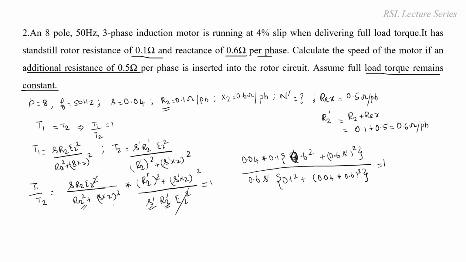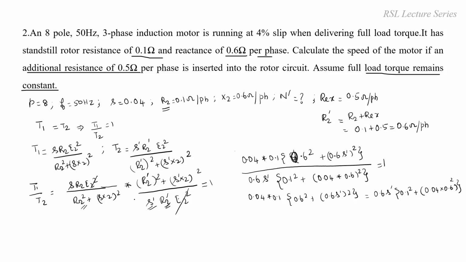Now we can cross multiply this equation. On cross multiplication we get 0.04 into 0.1 multiplied by (0.6 square plus S dash whole square), which will be equal to 0.6 S dash multiplied by (0.1 square plus 0.04 into 0.6 whole square).